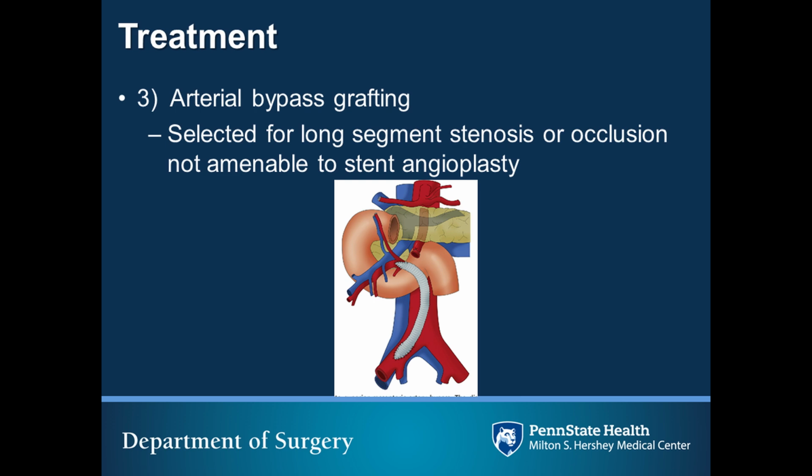Finally, arterial bypass grafting can be performed for long segment stenosis or occlusions that are not amenable to stent angioplasty or endarterectomy. This is performed in a similar manner to that described for acute mesenteric ischemia.